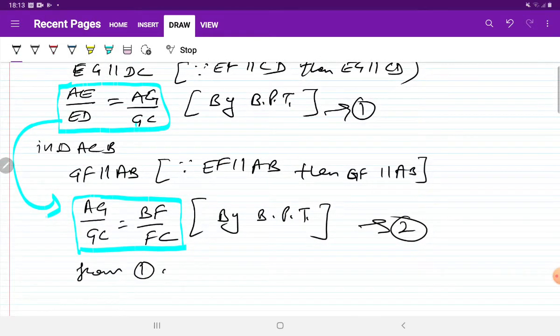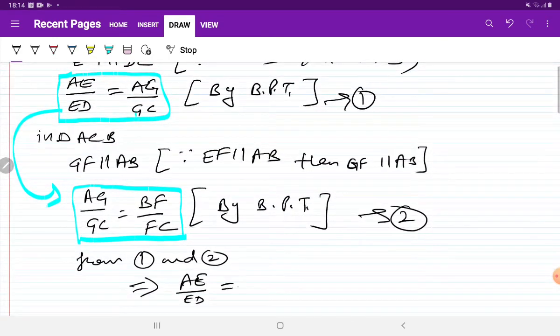AE upon ED is equal to AG upon GC, and this is equal to BF upon FC. So this implies AE upon ED is equal to BF upon FC.